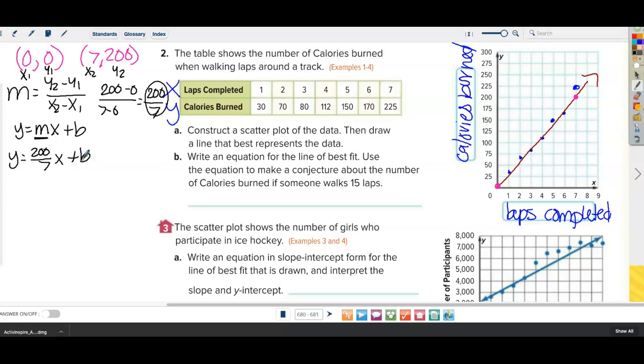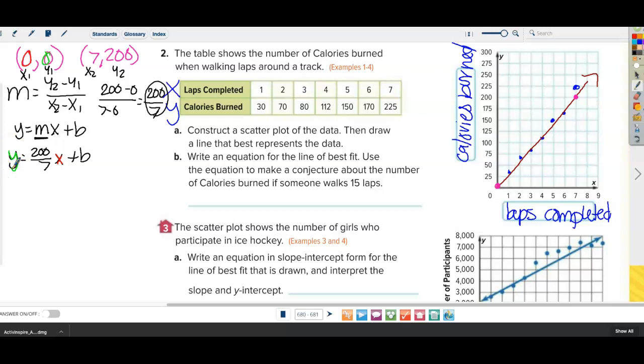And then we're going to use 1 point from the line. I'm going to make it easy. I'm going to pick 0, 0. So I'm going to use those 2 points to sub into my equation for x and y.